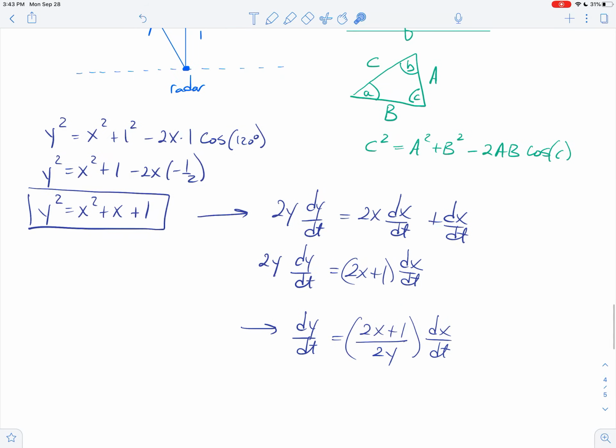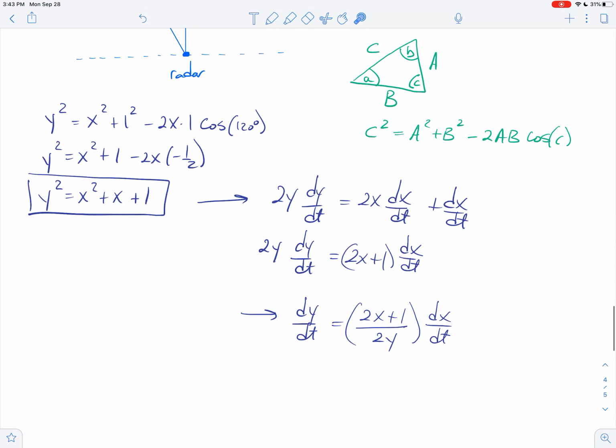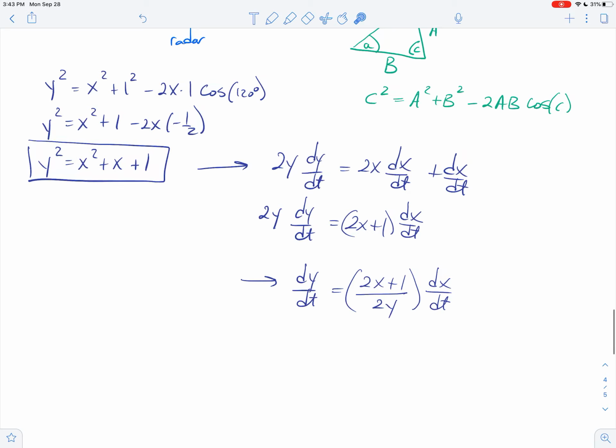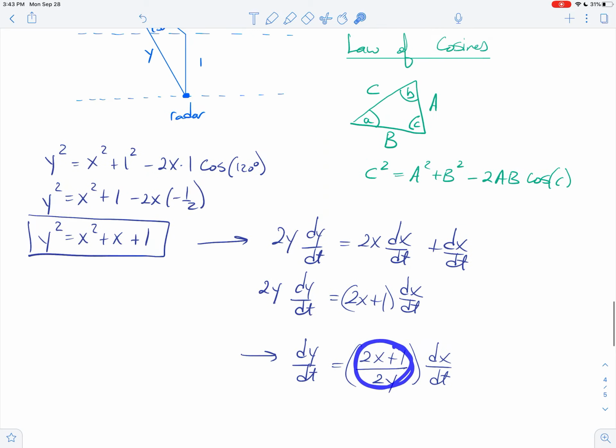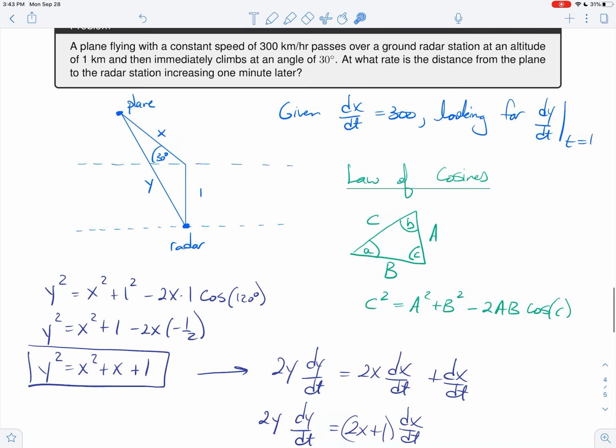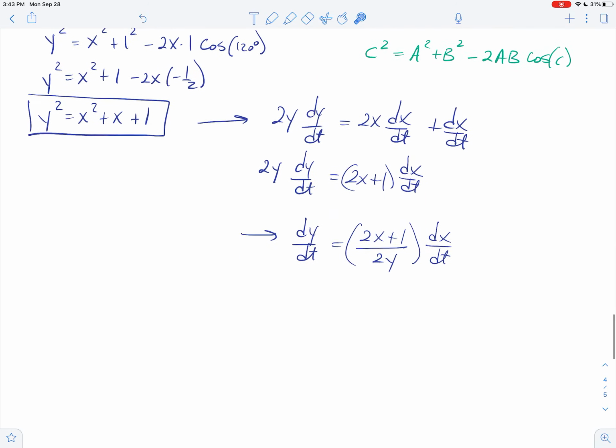We're told that dx dt is always 300. And so what we're interested in is, how do I figure out these values? And it all comes down to this line right here, 1 minute later. So think with me.